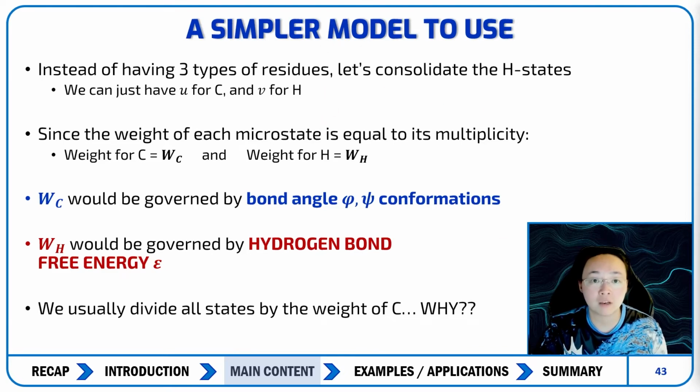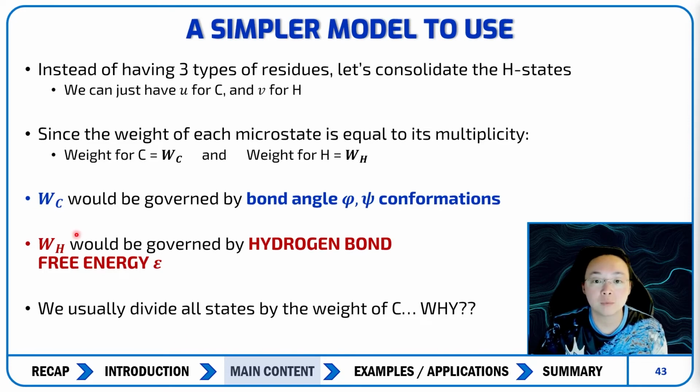Since the weight of every single microstate that we have is equal to its multiplicity, we can essentially say that U is equal to WC and V is equal to WH. So that already gives us some sort of statistical weight or multiplicity for each of those states.